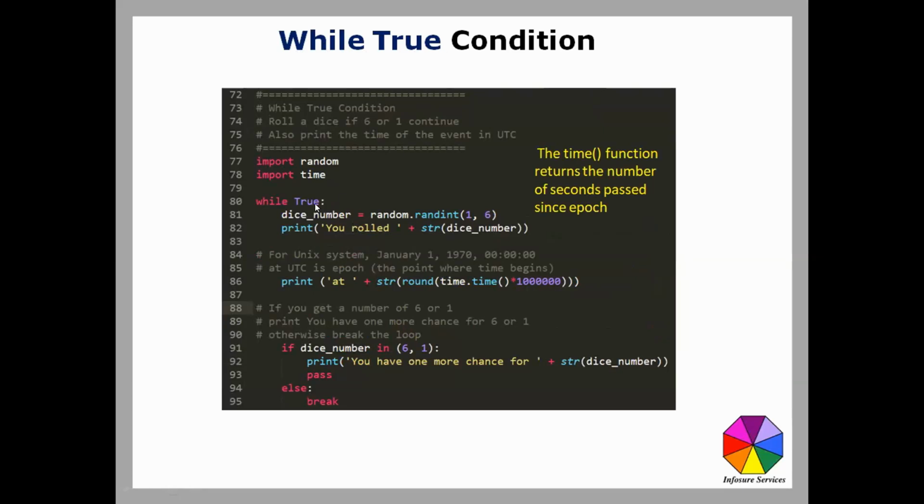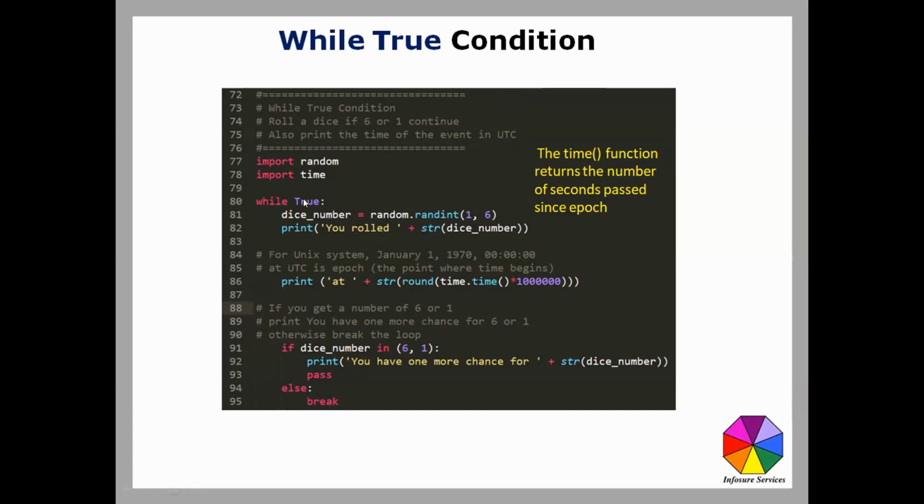Actually, while true is an infinite loop. Loop means when you encounter some lines below it, it is going to repeatedly execute these lines of code, because when you say while true, it is always true. So it has to be very carefully followed with some criteria under which you'll exit this program.